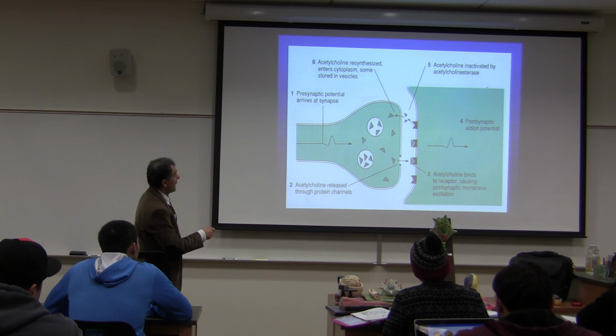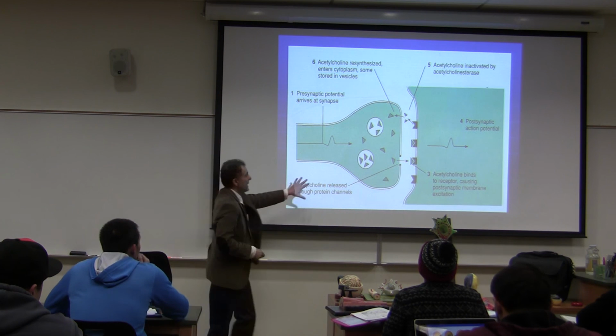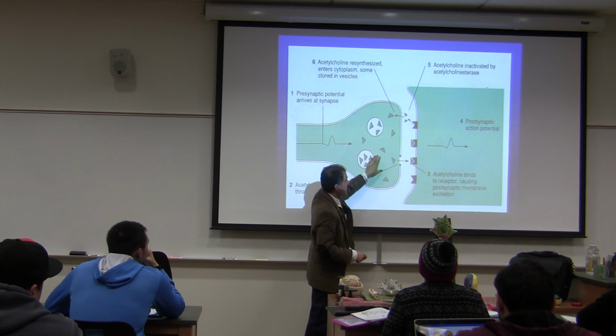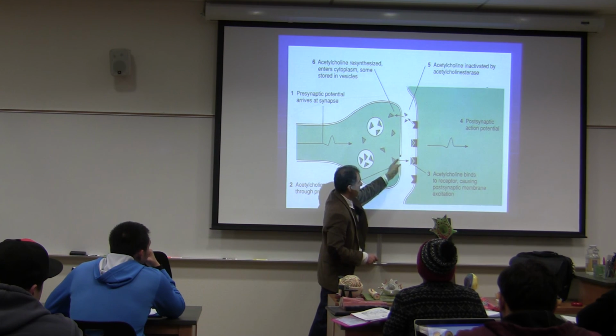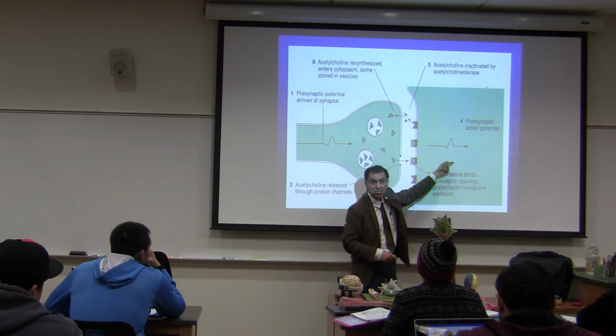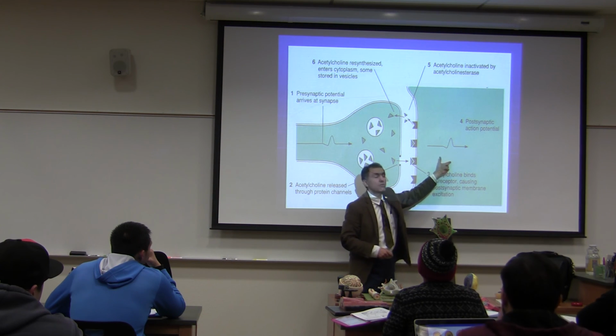Here at the end, when action potential is coming, the neurotransmitters are inside, and they move in a vesicle toward the cell membrane and diffuse out, and the neurotransmitter stimulates the postsynaptic neuron.